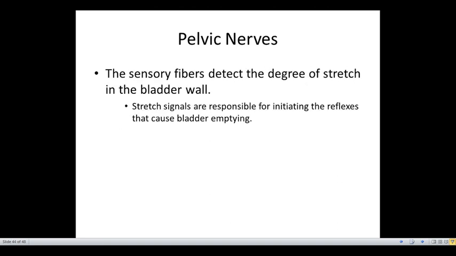The sensory fibers detect the degree of stretch in the bladder wall, and these stretch signals are responsible for initiating the reflexes that cause bladder emptying.